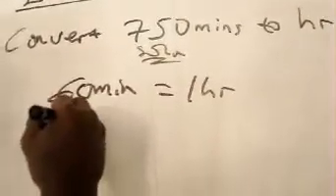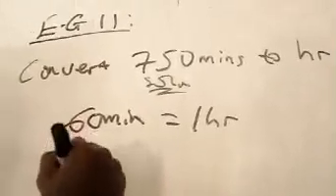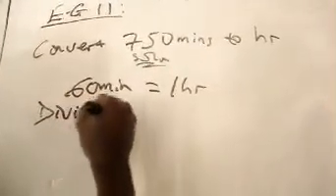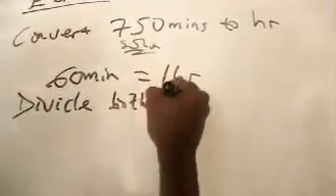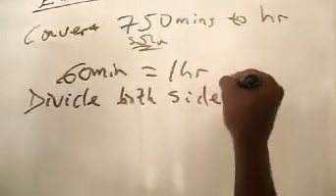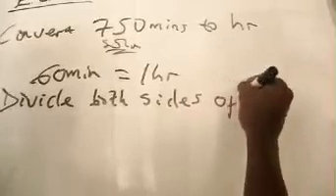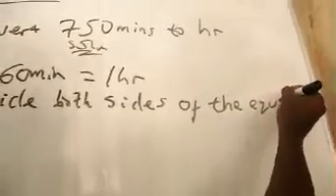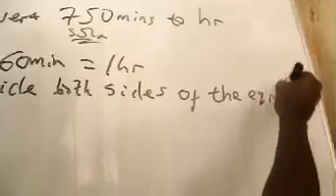So if 60 minutes equals 1 hour, the value of 1 minute in hours will be gotten by dividing both sides of the equation by 60.